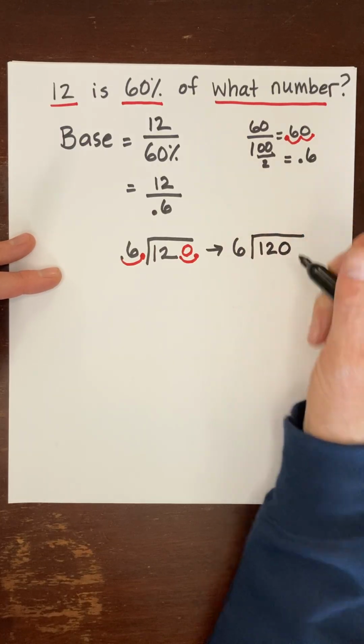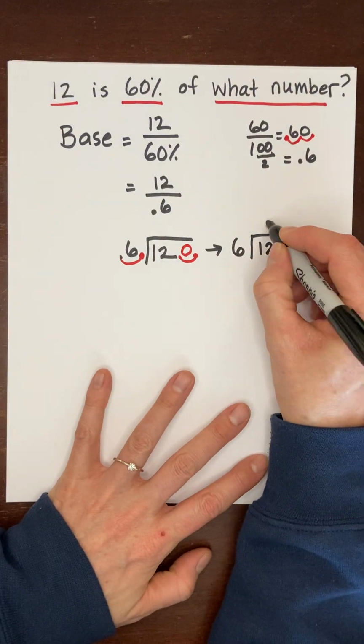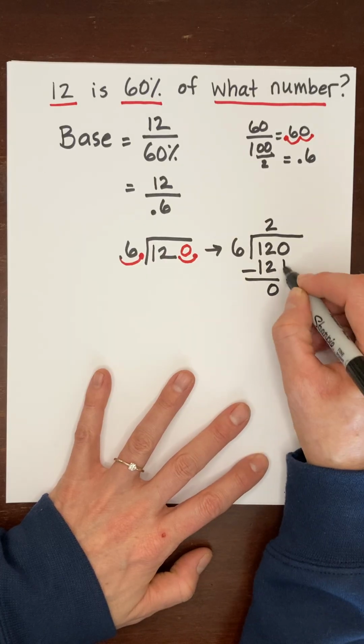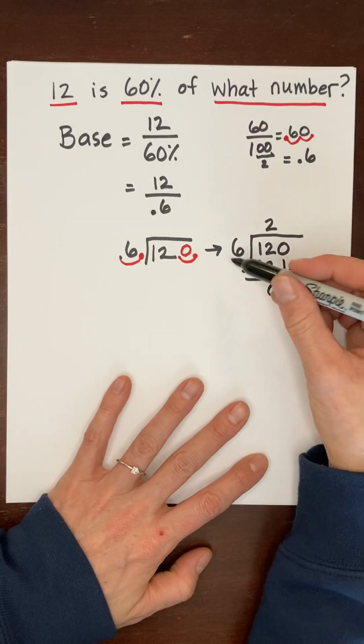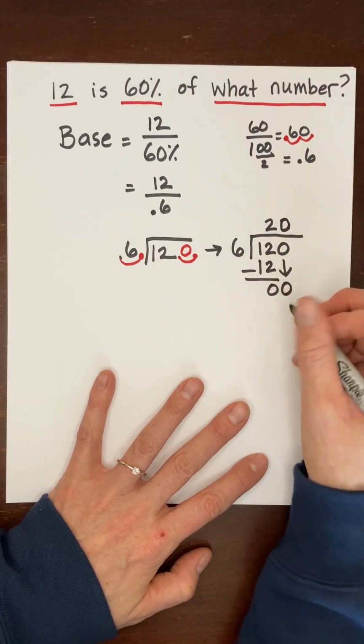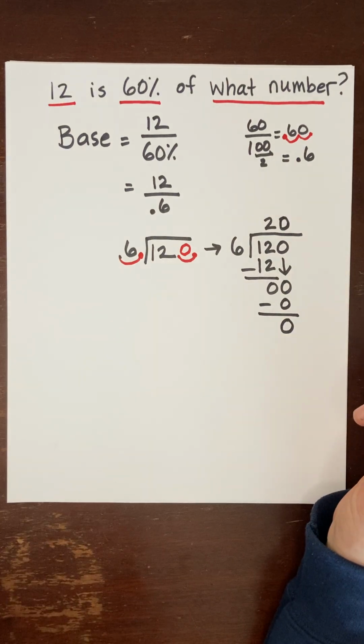So our problem becomes 120 divided by 6. Okay, so 6 into 12, it goes twice. 2 times 6 is 12. 6 into 0 goes 0 times. 0 times 6 is 0. Now I have no remainder left over.